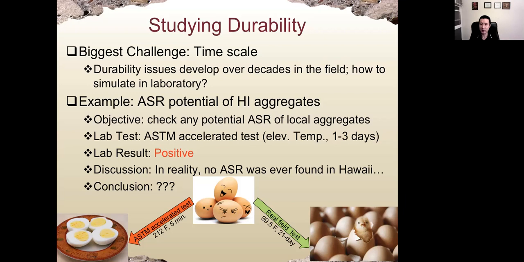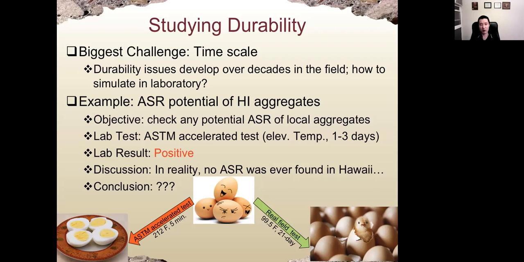Basically, we use a very high concentration of alkalis, much higher than the typical pH level. We also increase the temperature of the concrete, so that will accelerate the chemical reaction. Because of that, we can see the result in 1 to 3 days, at most 2 weeks.